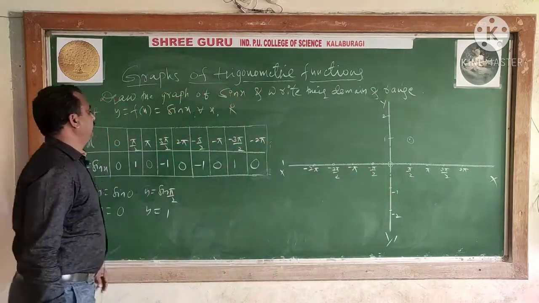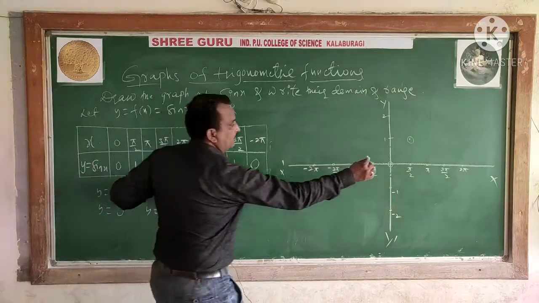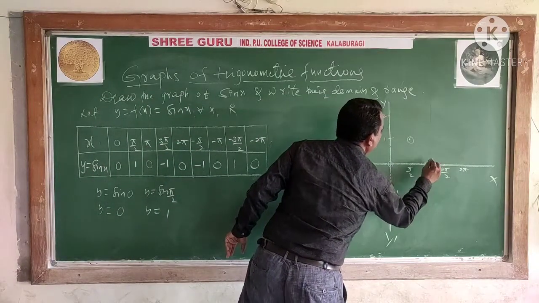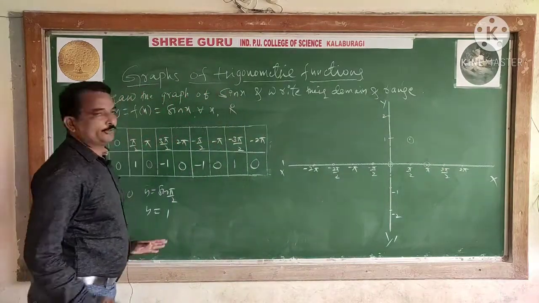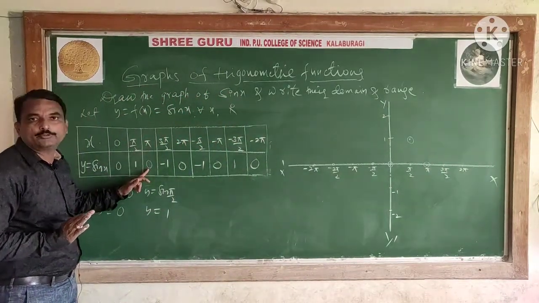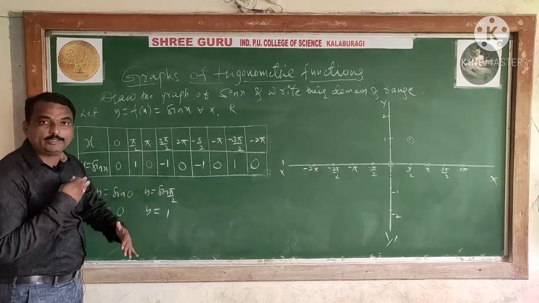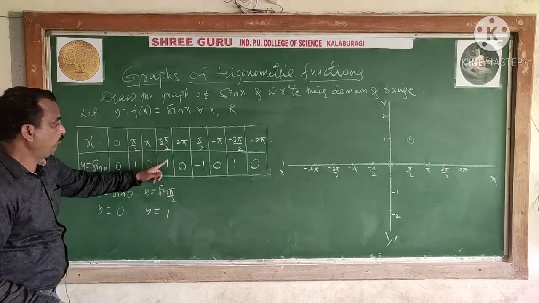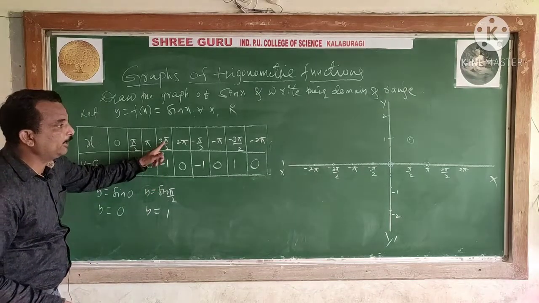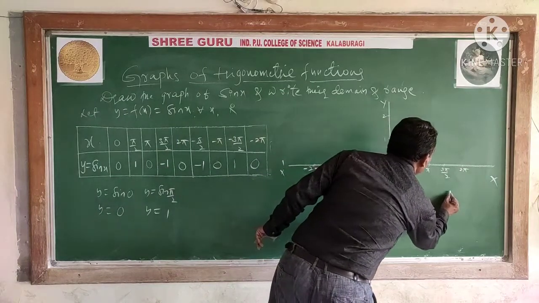Plus 1. When x is pi, it is 0. Positive it is. Totally, in the interval 0 to pi, the graph of sin x has positive values. Next, see the next value. After pi, 3 pi by 2. When x is 3 pi by 2, what is y? Minus 1 it is. Minus of 1. See the student?